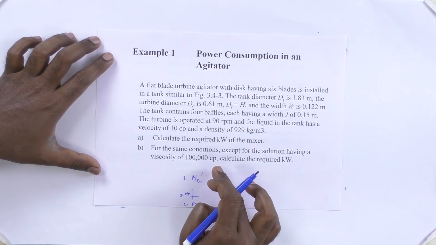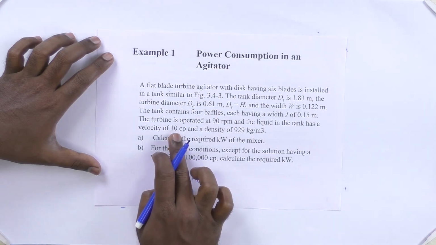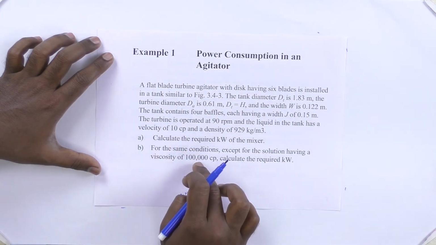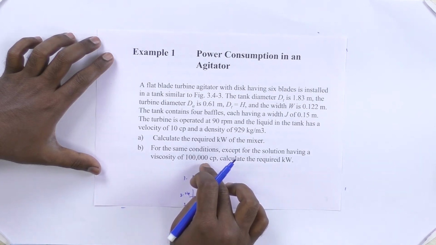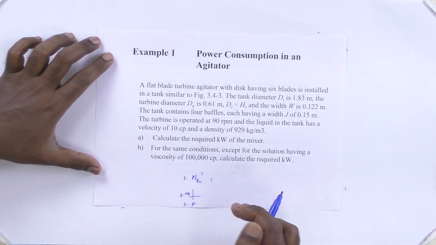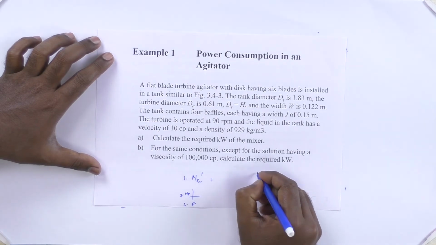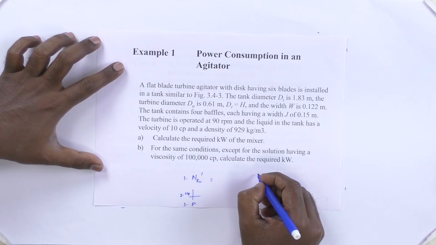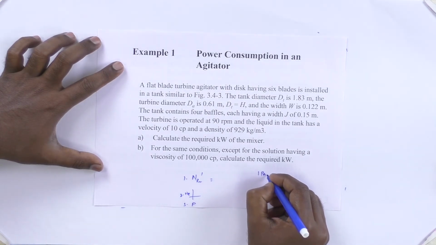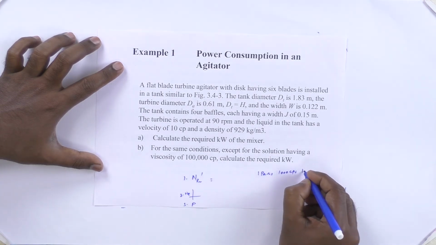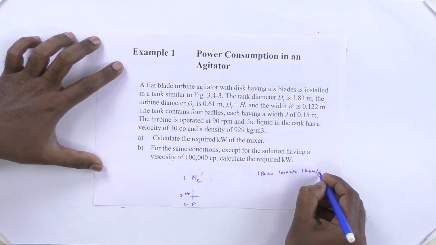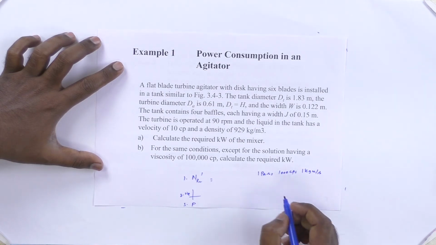And in the second subdivision, instead of 10 centipoise, it is going to be 1 lakh centipoise. So you need to change this in the second subdivision and calculate the total power required. Please note down the relation between the centipoise and kilogram per meter second. 1 Pascal second is equal to 1000 centipoise, which is equal to 1 kilogram per meter second.